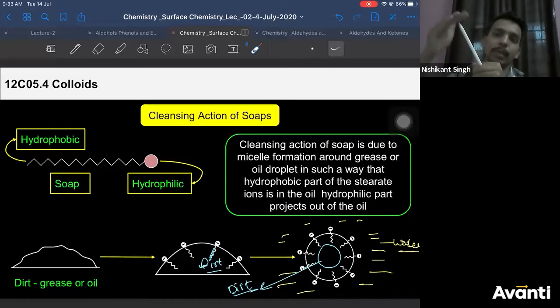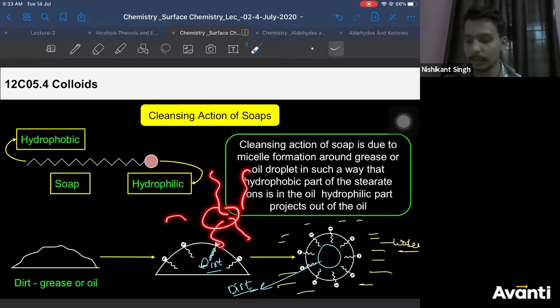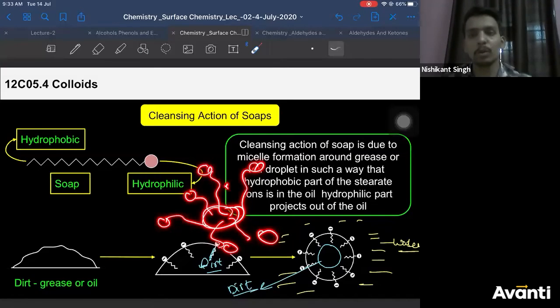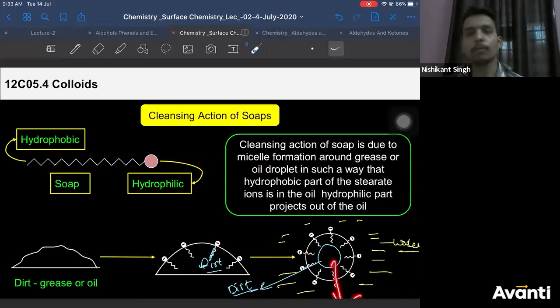The hydrophilic part remains outside towards water. So all the micelles are formed, and the dirt is enclosed by the micelles, with the head outside. When you rinse your clothes, these micelles fall off, bringing out the dirt, right?